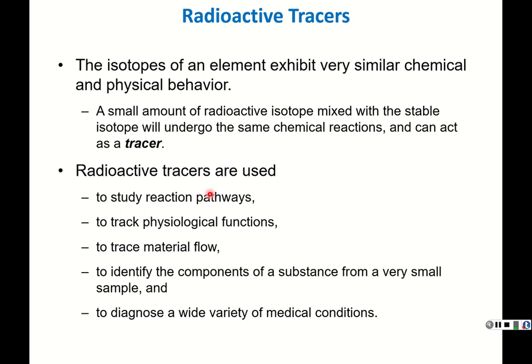They've been used quite extensively in the past to track physiological functions like breathing, where oxygen goes when you're breathing, to trace material flow, identify components of a substance from a very small sample, and to diagnose a wide variety of medical conditions.